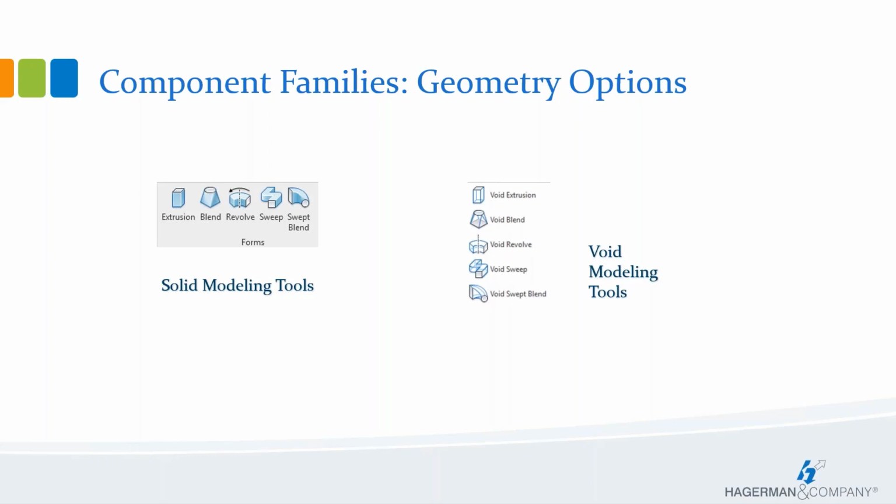In addition to the solid geometry options, we also have a void counterpart for each of the modeling options already mentioned. So you can use these to cut out various shapes from your solid models. Using these together, you can model almost anything you might need.